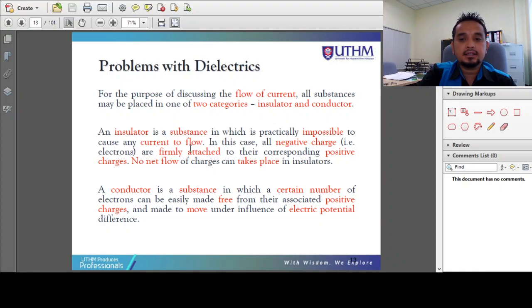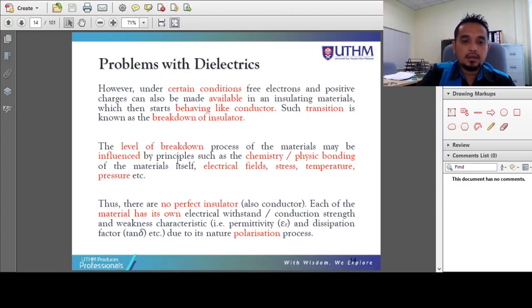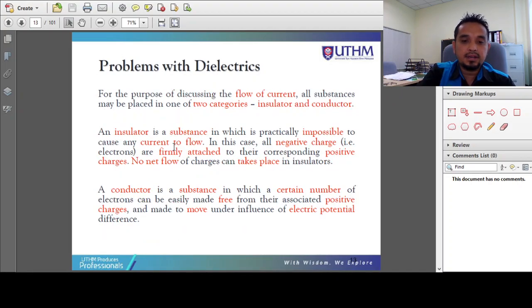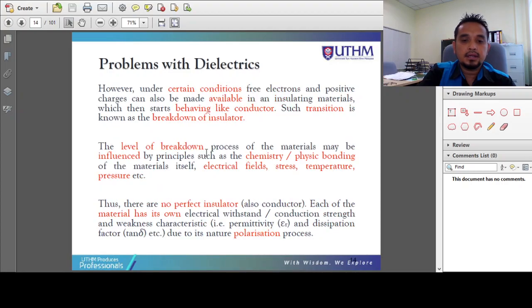This is a very serious issue, and this is the failure in the dielectric material, which may lead to failure in high voltage applications. The level of the breakdown can depend on the internal material chemistry or physics bonding.